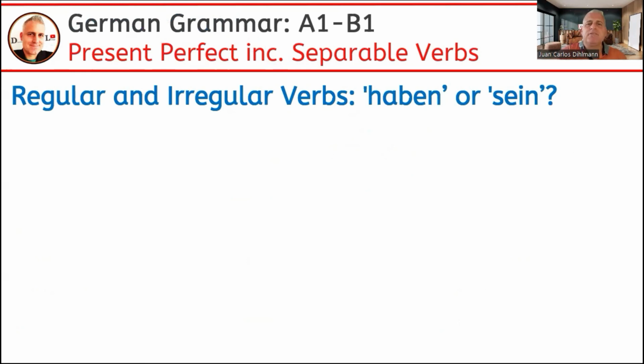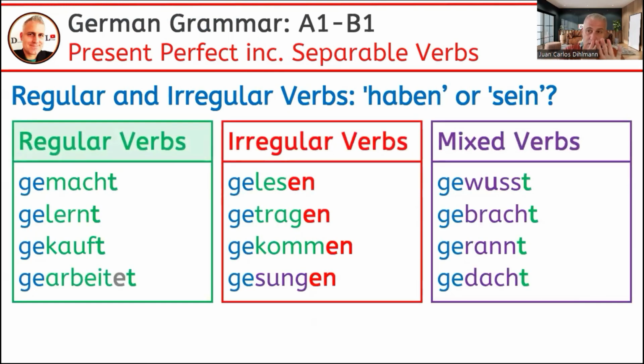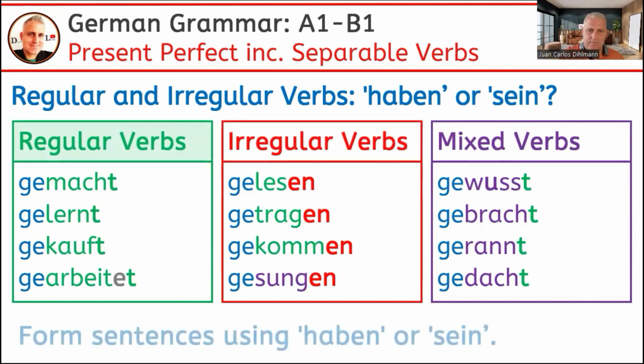Regular and irregular verbs. I have said before that both regular and irregular verbs need the auxiliary haben or sein. So it's not a question of regular or irregular whether you have to use haben or sein. This is the overview again, and now we are going to practice a little bit.